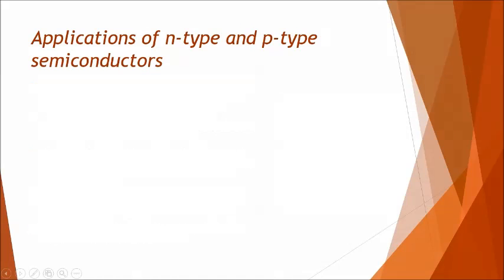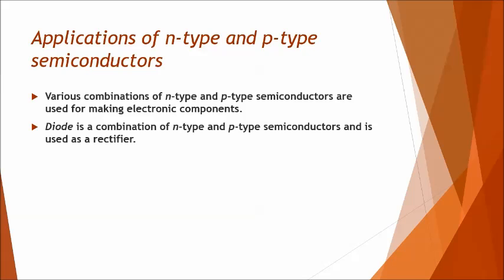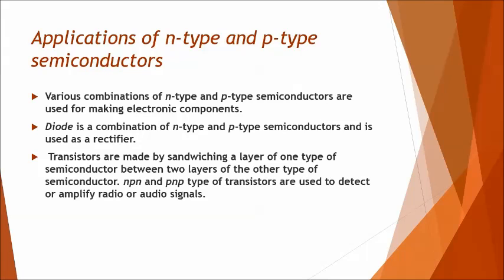Next are the applications of the N and P-type semiconductors. Combinations of N and P-type semiconductors are used for making electronic components. A diode is a combination of N and P-type semiconductors, and it is used as a rectifier. Transistors are made by sandwiching a layer of one type of semiconductor between two layers of the other type.